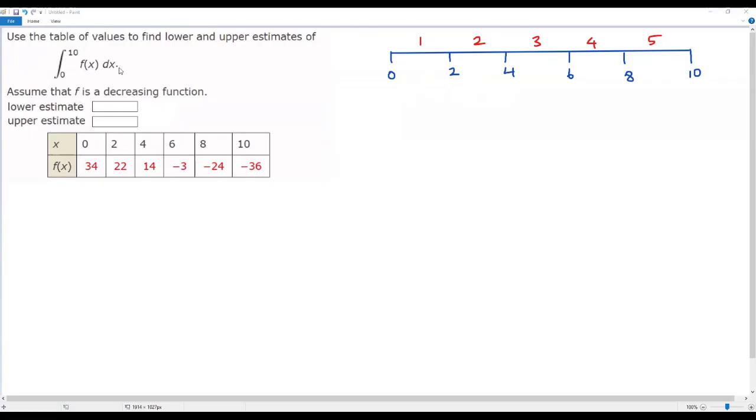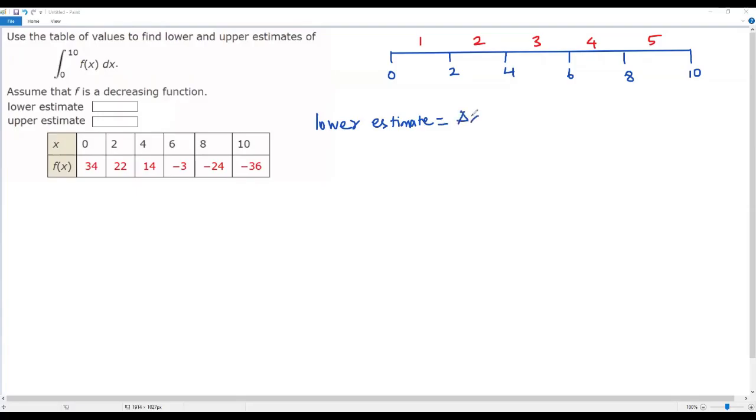Let me write this down. In case f is an increasing function, to get the lower estimate we would do the left endpoint approximation. But here it's a decreasing function, so we do the right endpoint approximation to get the lower estimate.